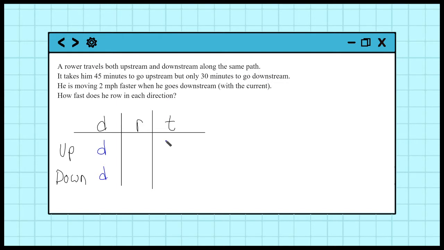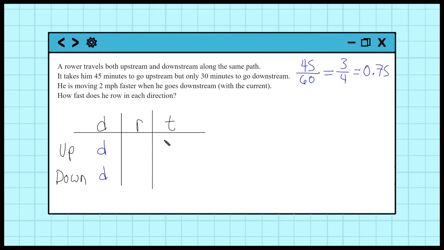Now, it would be tempting to write 45 and 30 into these two positions. However, because our speed is going to be measured in miles per hour, we do need to convert them into hours. So 45 minutes out of 1 hour is the same thing as 45 over 60, which is 3/4, or if you prefer, a decimal, 0.75.